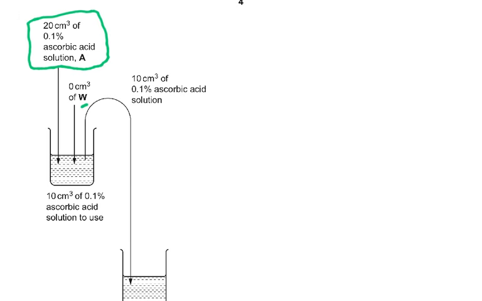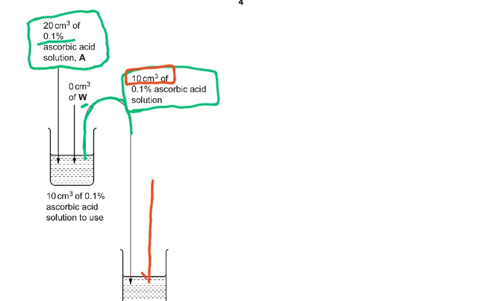But the important thing is that you have taken out, how much? You've taken out 10 cm cube of the 0.1%. Now, of course, how much will you add? You'll add 10 cm cube of water to it.